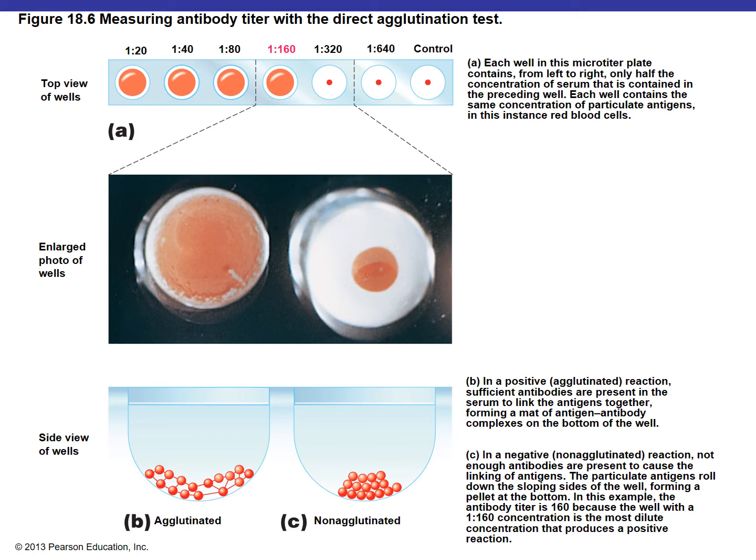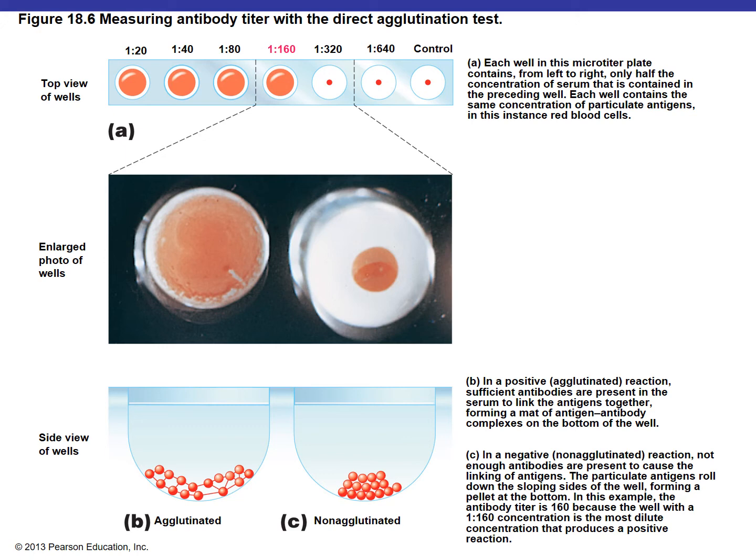They don't just roll to the bottom because the wells are sloping. If they're not bound by the antibody and not held apart, they would just go to the bottom of the well, and that's what it would look like on the right side of the figure, where they're all just at the bottom of the sloping well.